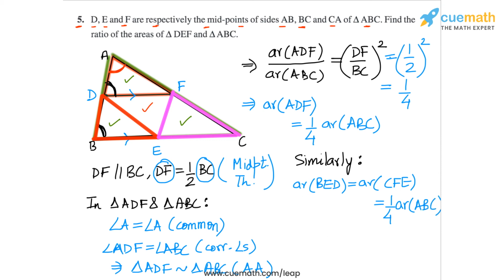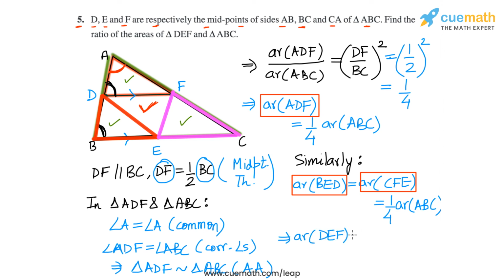Okay, so this means that the area of the triangles ADF, BED and CFE, these three areas put together will be 3/4 the area of triangle ABC. So that leaves us with only this area, the area of triangle DEF, and therefore we can say that the area of triangle DEF is the area of triangle ABC, so the whole area, minus 3/4 the area of ABC.